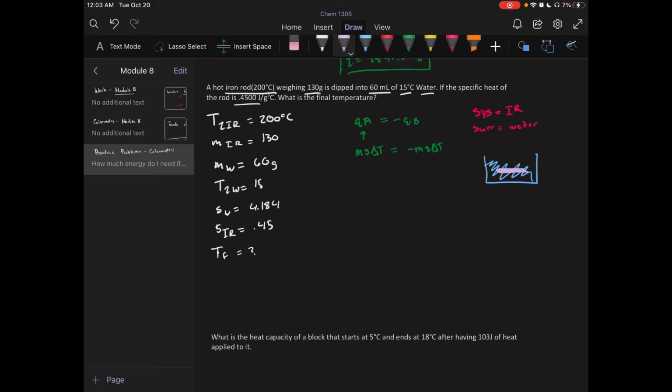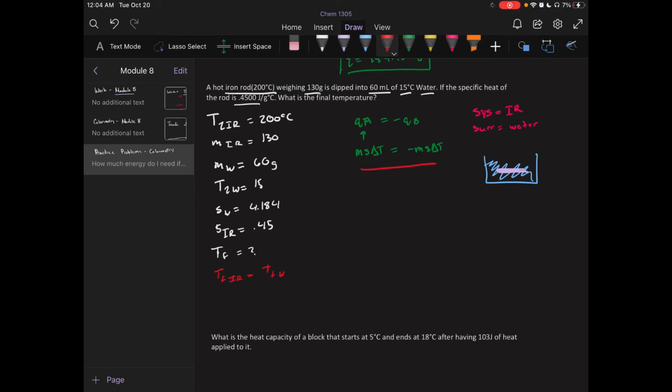Okay, cool. Because this is a system surroundings equation, the final temperature of the IR is also going to be equal to the final temperature of the water, because this is an equilibrium and it basically equalizes the energy between the system and surroundings.